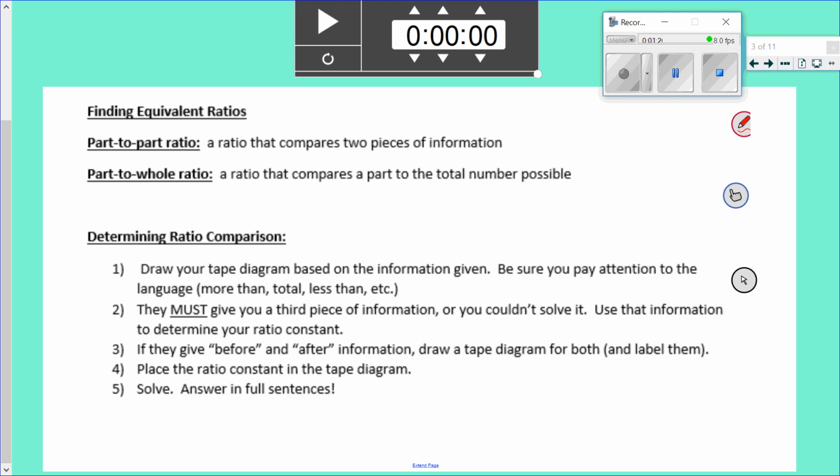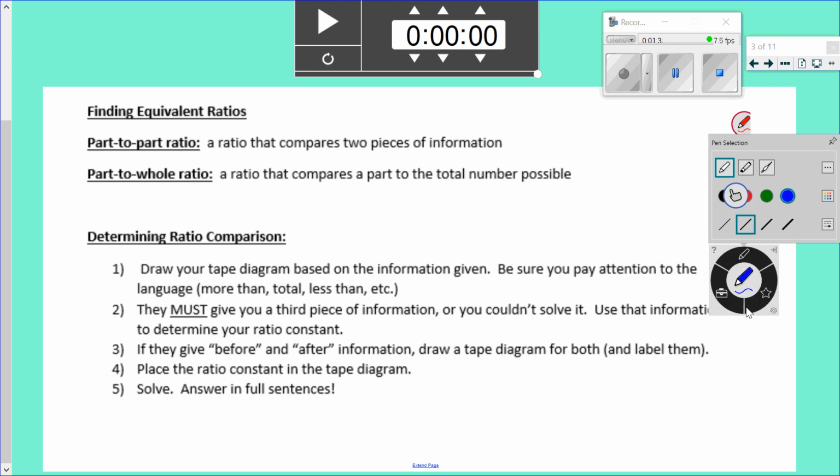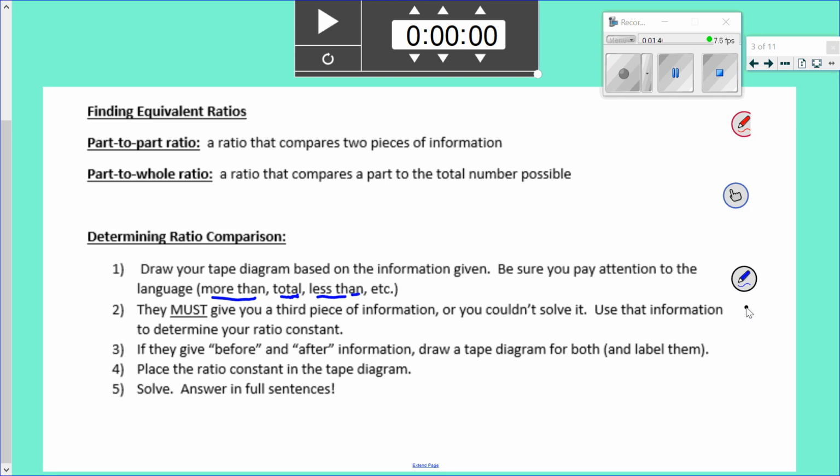Stuff like more than, total, less than. These are some key words that you're going to see. These are going to be really important words as you're trying to take the information and break it down into what you're actually needing to find your ratio constant, because it's telling you what you're comparing.